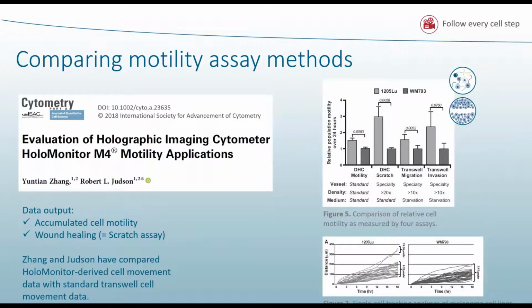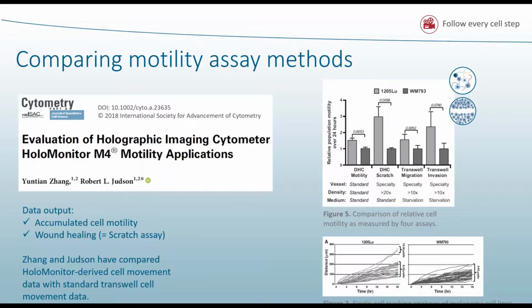One of our users, Zhang, together with Judson in the US, have looked at the motility as measured by the HoloMonitor compared to transwell motility measurements. They have used both the motility, the kinetic motility, and the wound healing assay. In the upper right bar diagram, DHC motility is the kinetic motility, while scratch is the wound healing assay.